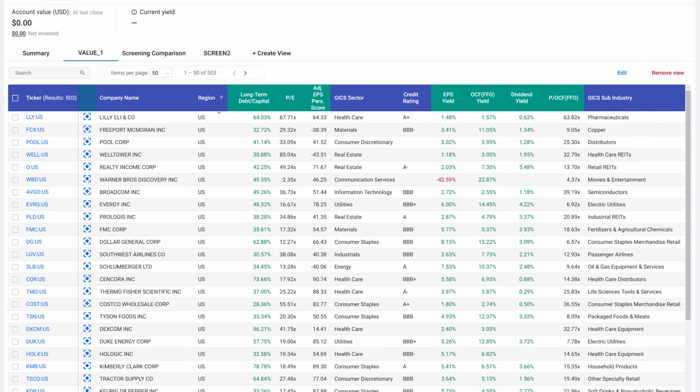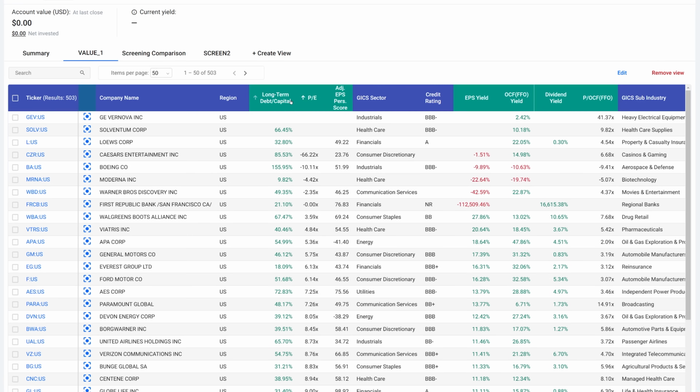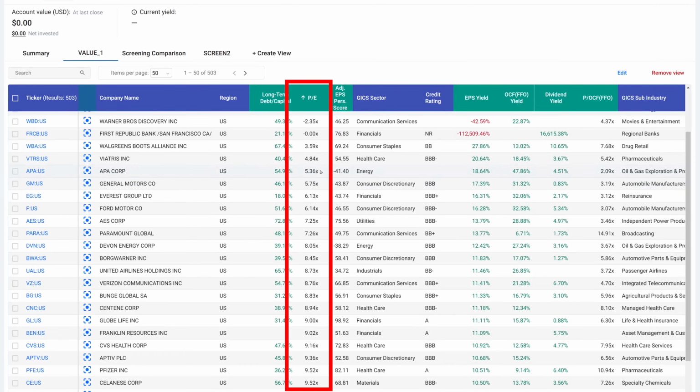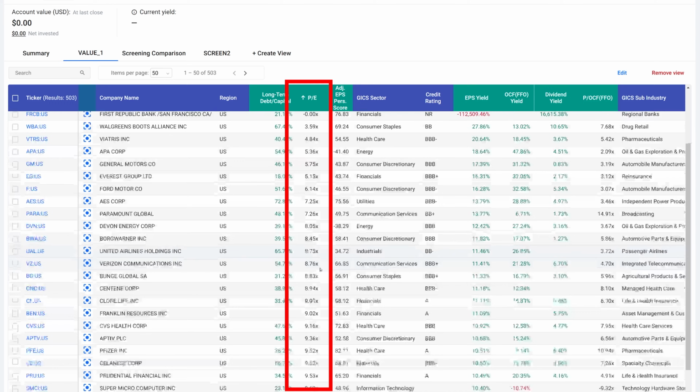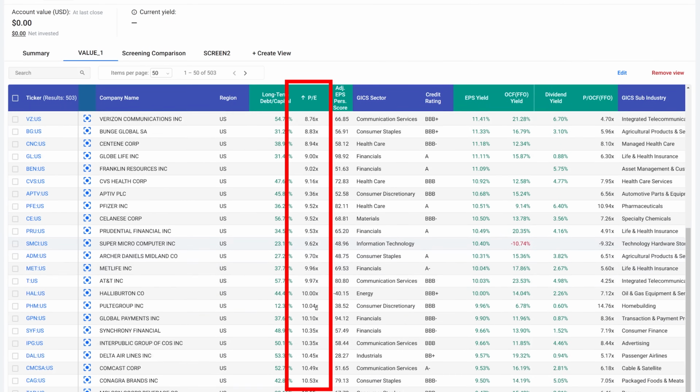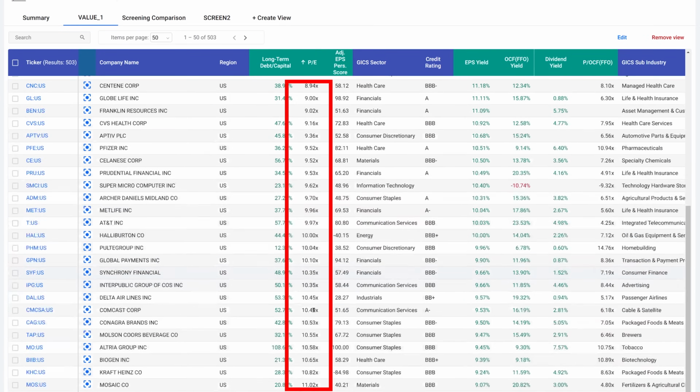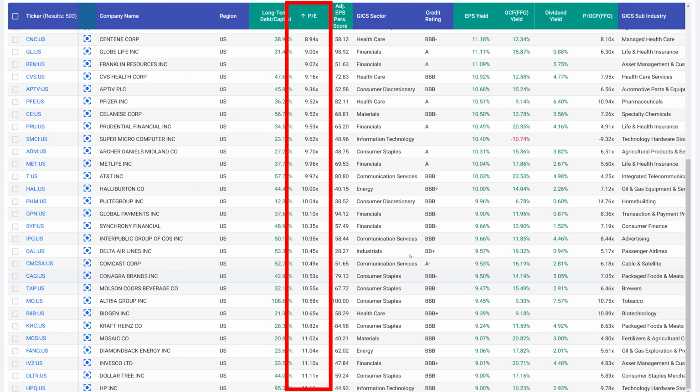Now they're listed 50 at a time, but if I click on this PE number, I can see that there are a lot of stocks in the S&P 500 that have a PE below what I consider to be normal, which is 15, that I talked about a moment ago.